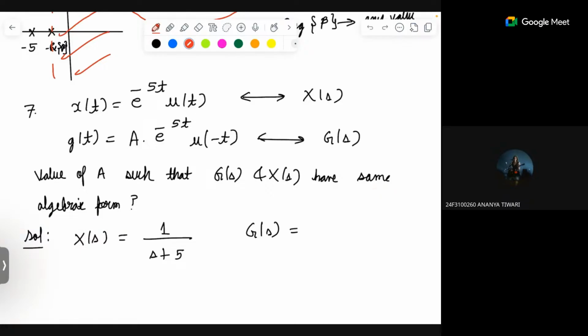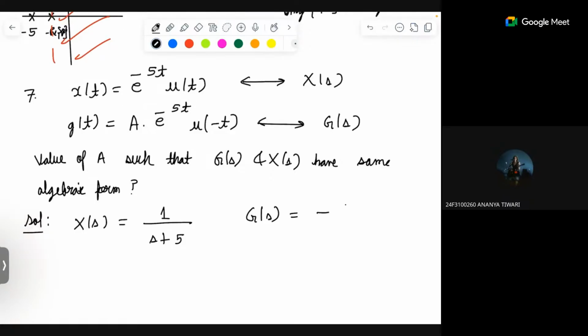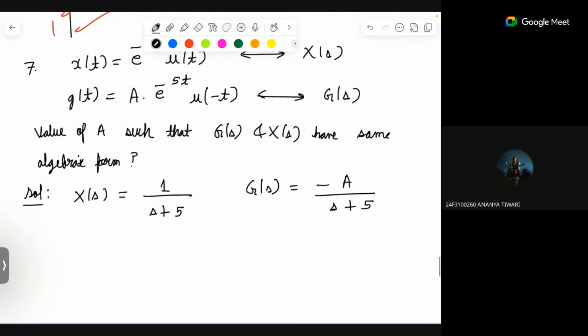So for G(s), it will be minus A upon s plus 5. Is this clear? Yes. Now for them to have the same algebraic form, A has to be equal to minus 1. Is that clear? Yes, ma'am. Clear.